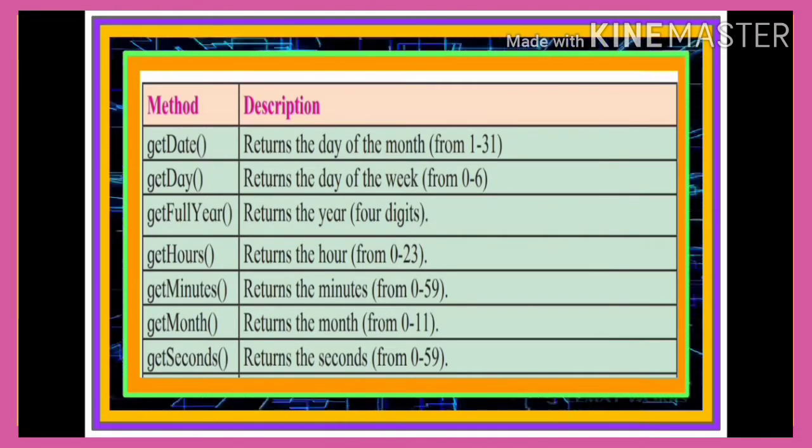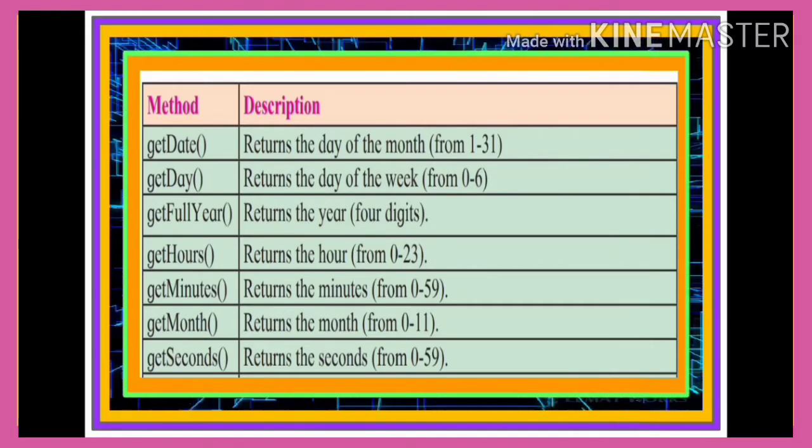getDate returns the day of the month from 1 to 31. Second method is getDay, returns the day of the week from 0 to 6. It starts from Sunday, 0 stands for Sunday. getFullYear method returns the year, 4 digits year.